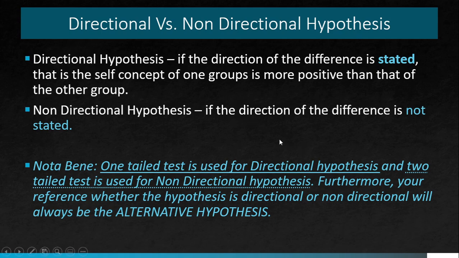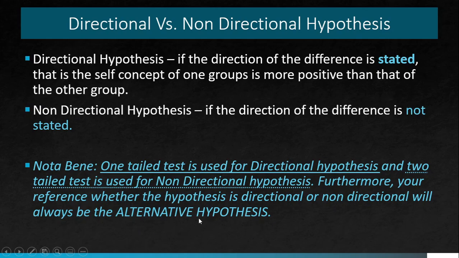When we speak of a directional hypothesis, it will entail a one-tailed test. And for a non-directional hypothesis, you will be using a two-tailed test. Please take note, your directional and non-directional hypothesis will be seen through your alternative hypothesis.